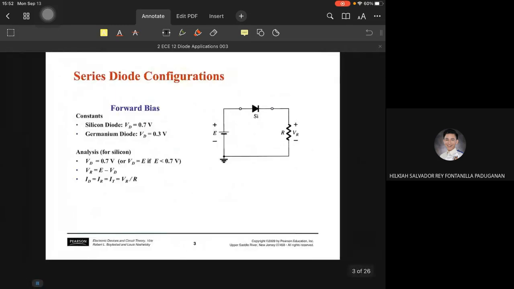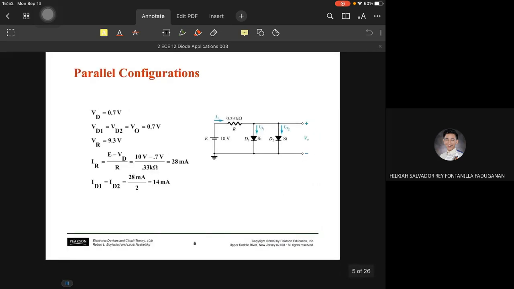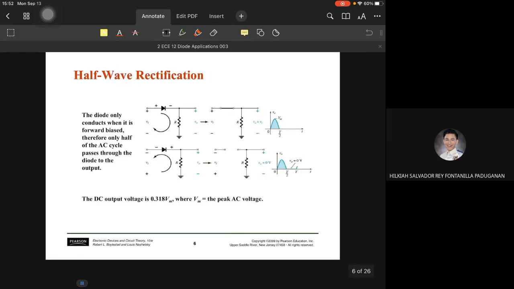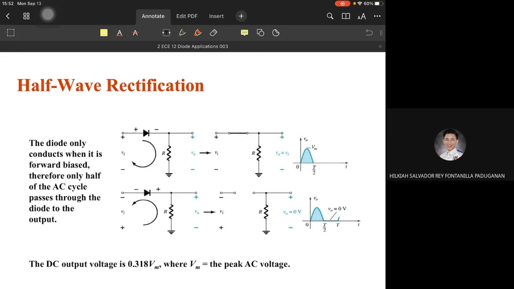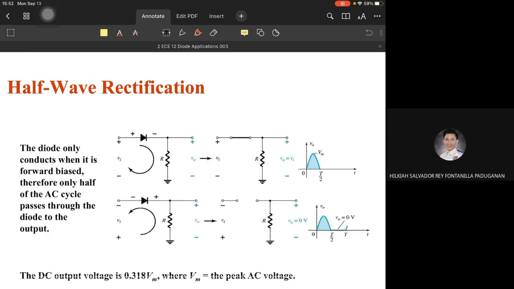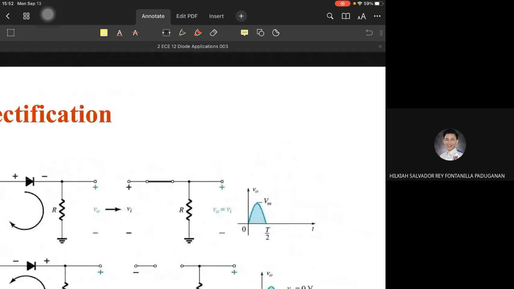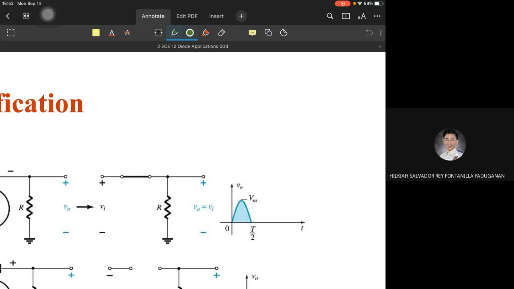Since we have finished the series and parallel diode configurations, the first circuit I'm talking about is the half-wave rectifier, or the process of half-wave rectification. It is the simple circuit we learned before, where a diode is in series with a resistor.